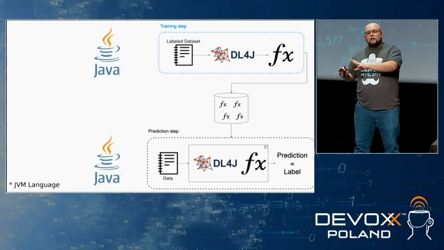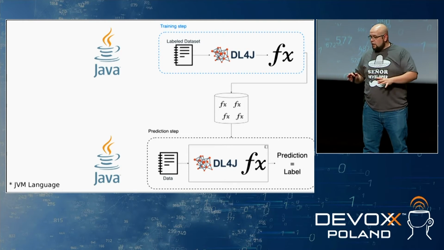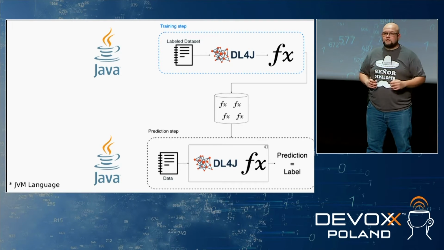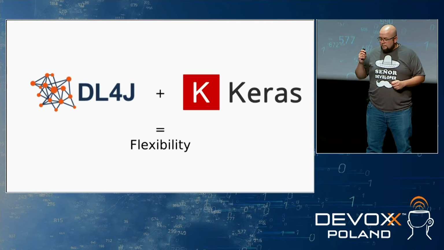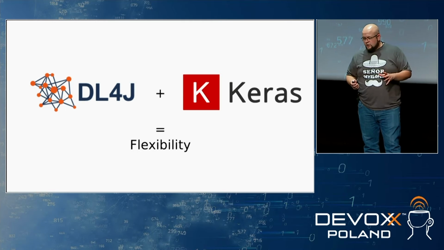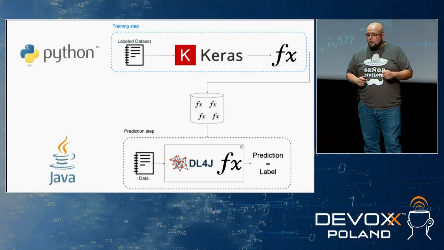And then again, during the example that we had, we were doing both things, the training and the prediction step, using Java. But now, what this integration with Keras offers is flexibility, because now you can use Python for doing your training step, and then you can use Java for performing your prediction step.